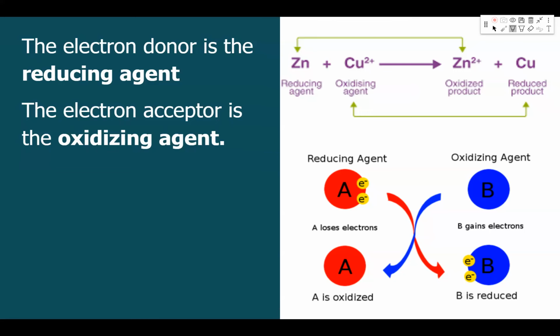Our electron donor, our A in this example, because it's donating its electron, is the reducing agent. And this B from our example is going to gain an electron, so it is our oxidizing agent. Our reducing agent is oxidized, and our oxidizing agent is reduced.